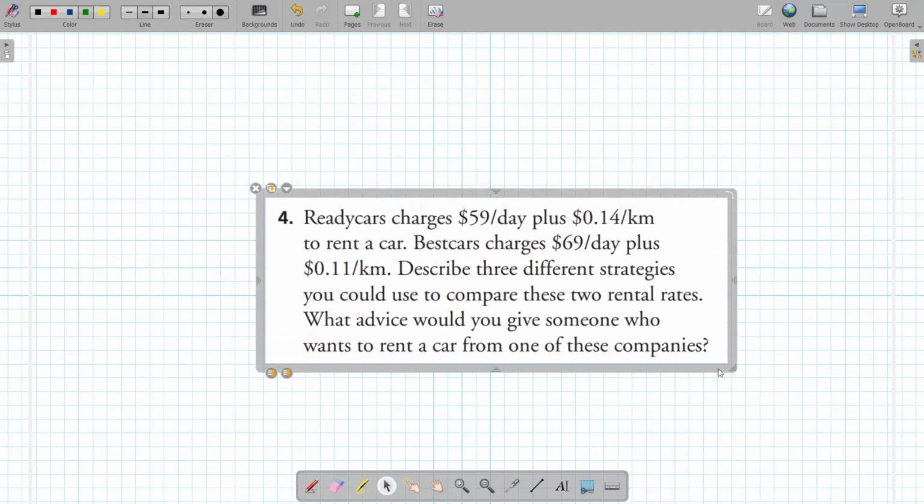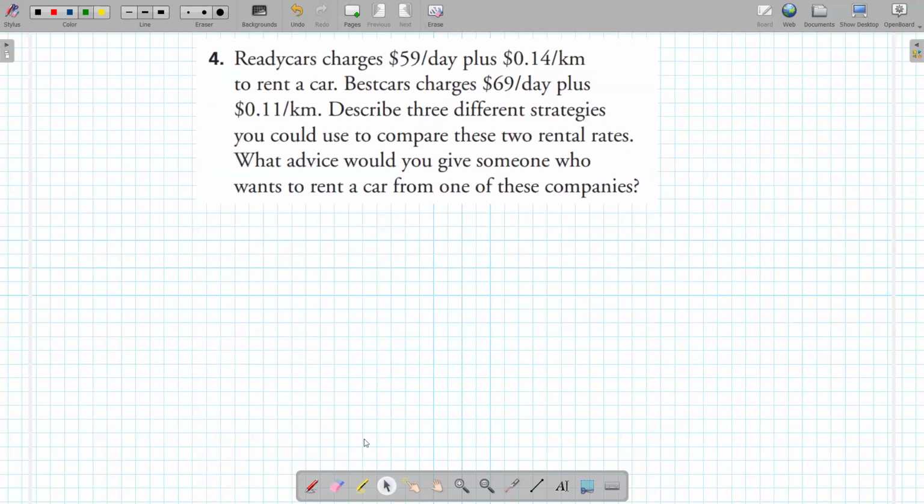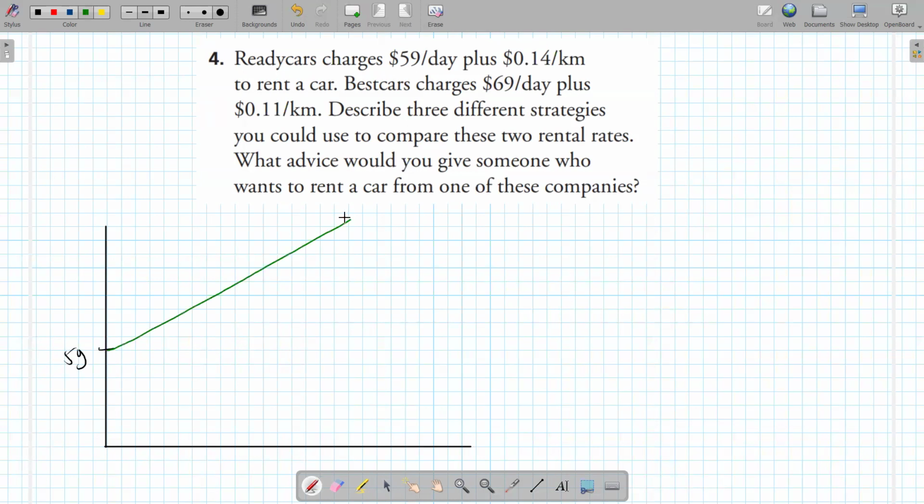We've done this question, I think, before, or something very similar. Was the question with the cars with a K on it. But this is the same exact problem. So we have two choices, two options here between the rental companies. We can go with Ready Cars, which has a lower y-intercept, but it has a higher slope, right?